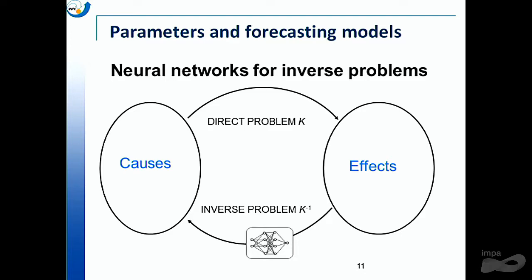And then when you have a method to solve this, we call this a direct problem. And a direct problem allows us to compute the effects. However, when you are measuring the effects and you try to identify some causes, this is called an inverse problem. And our inversion procedure could be an artificial neural network.